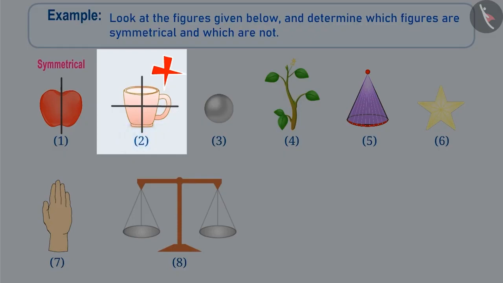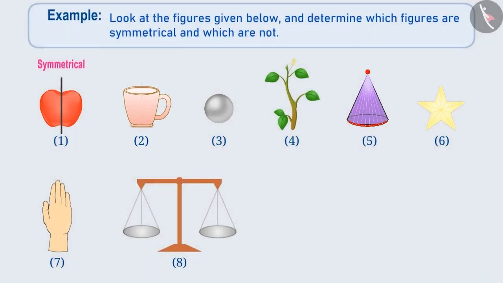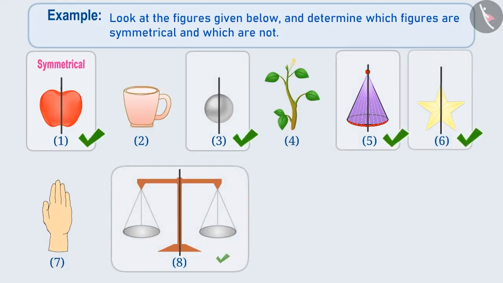Thus, the second figure is not a symmetrical figure. Similarly, we see that like figure 1, figure 3, figure 5, figure 6 and figure 8 are also symmetrical figures, and like figure 2, figure 4 and figure 7 are not symmetrical figures.